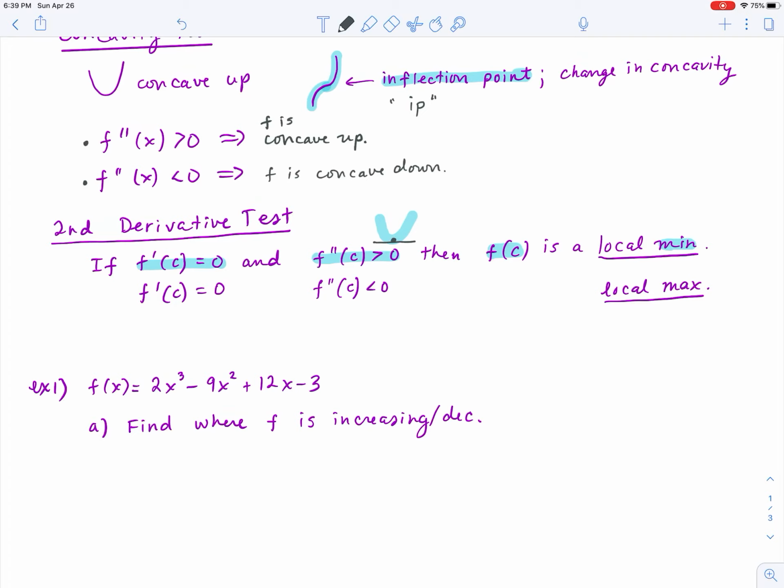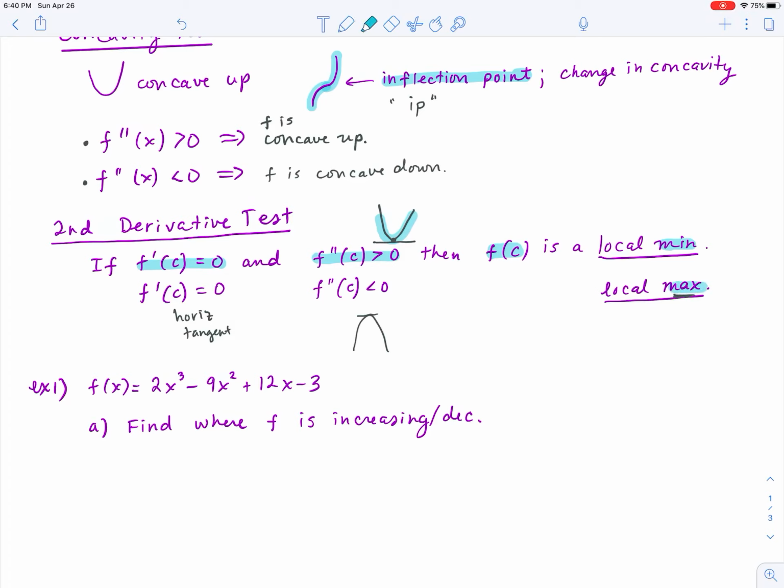There's my c value. That should make sense that it's a local min. And similarly, if we are concave down and have a horizontal tangent, then we have a local max.